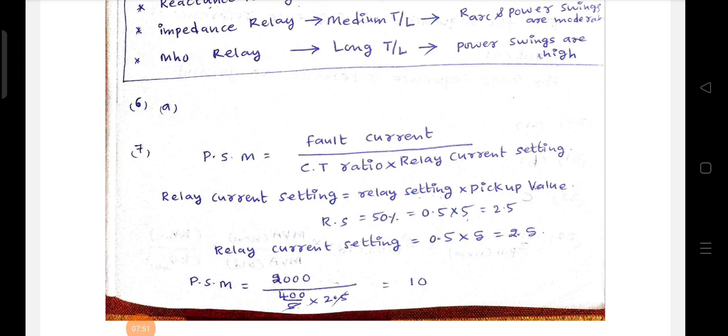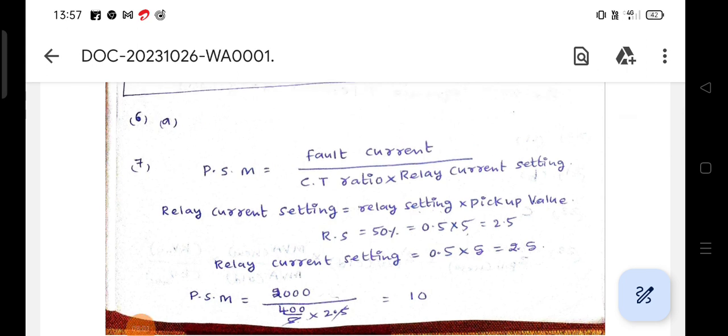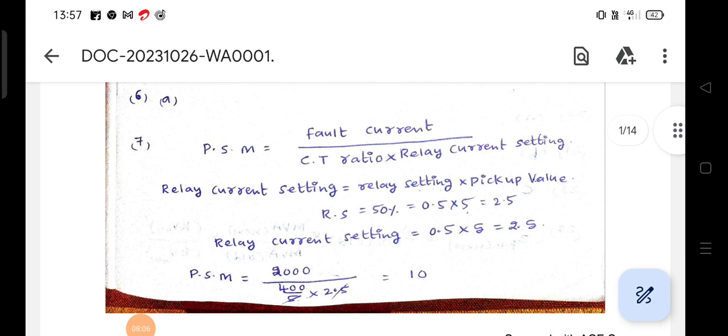Pickup value here is nothing but the secondary current, since the CT has a 400 by 5 ratio. Relay setting is given as 50%. Then relay current setting is 0.5 into 5, that is 2.5.